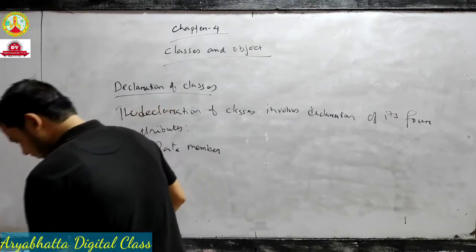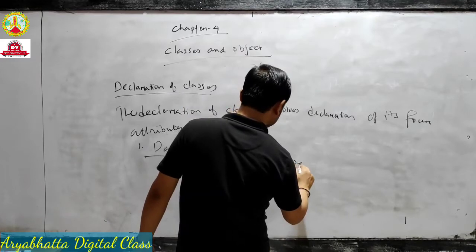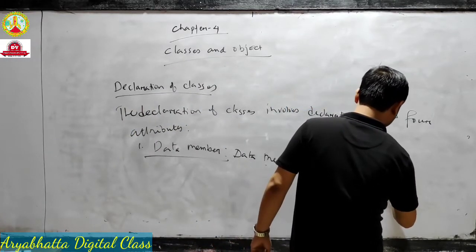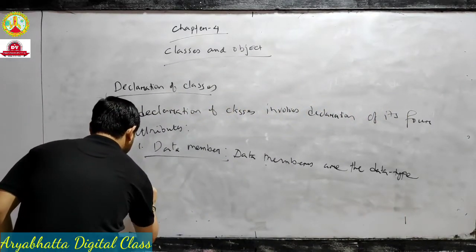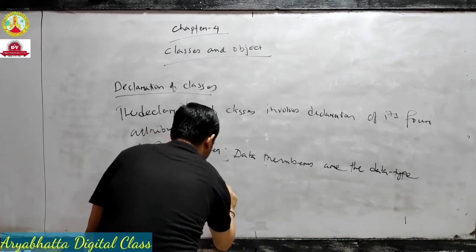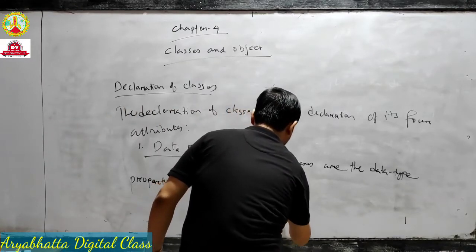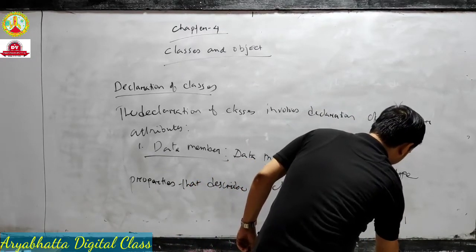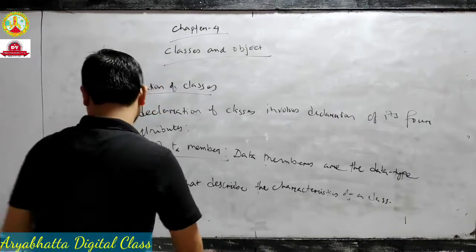Write down: data members are data type properties that describe the characteristics of a class. Okay, data members are data type properties that describe the characteristics of a class.